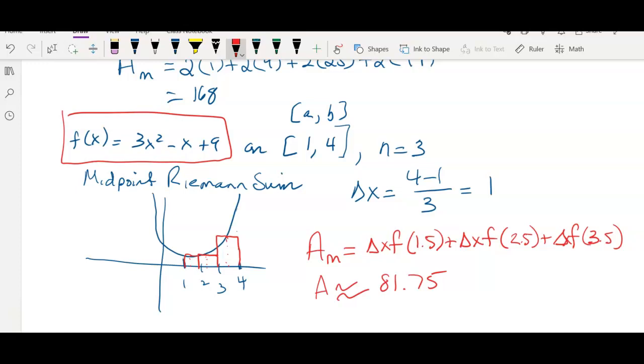Yes! If we could do infinitely many rectangles, couldn't we get an accurate area under that curve? How do we do infinite of anything? Yes.